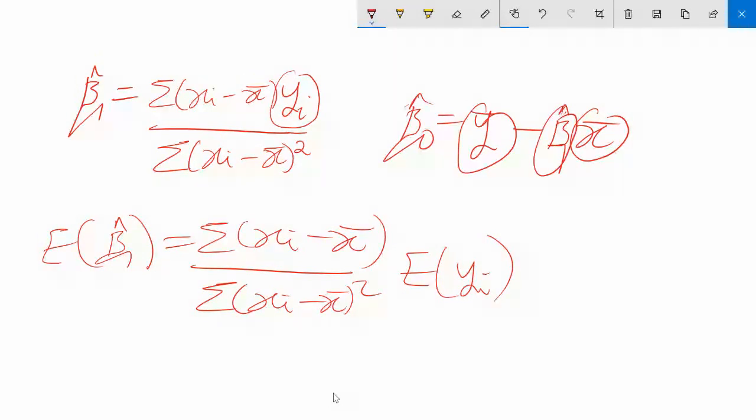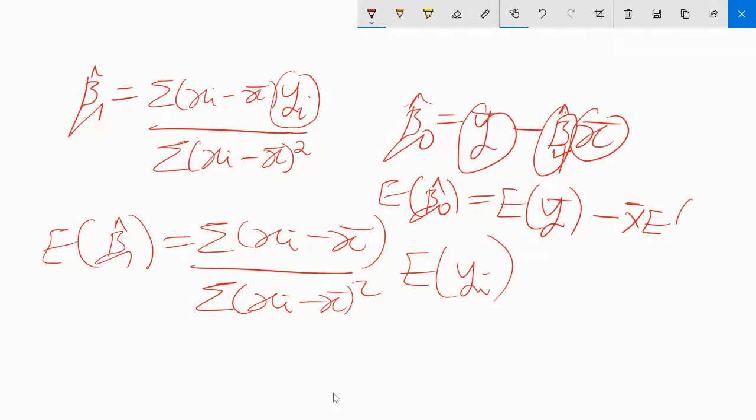Even here, there is the response variable, there's y. That's why this is not treated as a constant. That's why when we find the expected value of this, we have to find the expected value of y bar. And because x bar is a constant, we take it out and we find the expected value of beta 1 hat, because in beta 1 hat there's y as well.